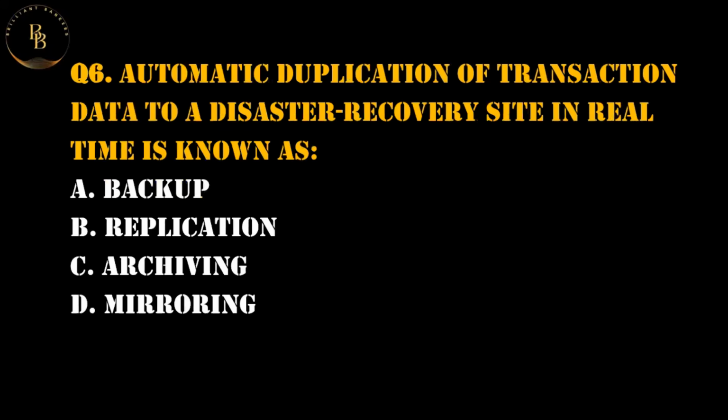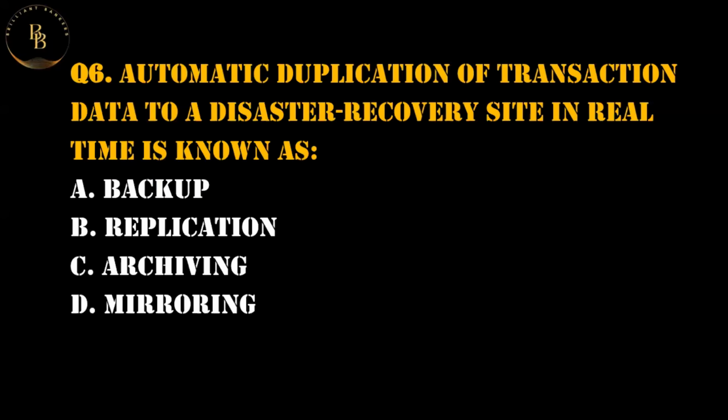Coming to question number 6, automatic duplication of transaction data to a disaster recovery site in real time is known as what? Is it backup? Is it replication? Is it archiving or is it mirroring? When there is automatic duplication of the transaction data to your DR site, disaster recovery site, it is known as what?